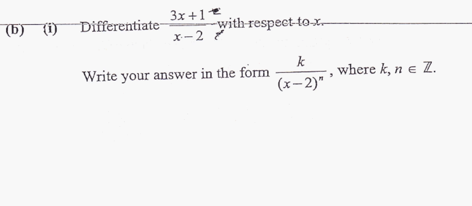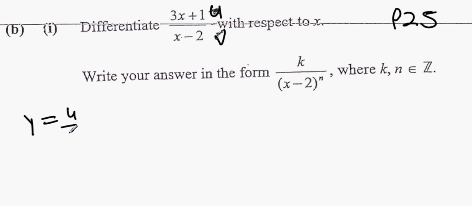Next one. We identify this as a quotient rule, where this is u and this is v. So what you're going to do is go to your tables. In your tables, you're going to go to the start and look up calculus. Calculus is on page 25. You go to page 25 of your book, and what you're going to see is y equals u over v.